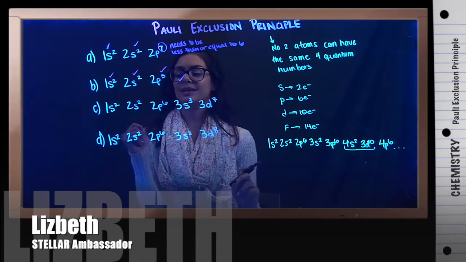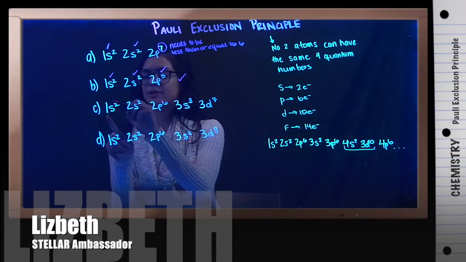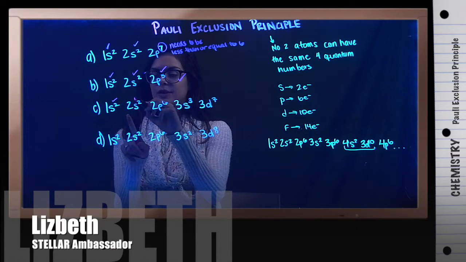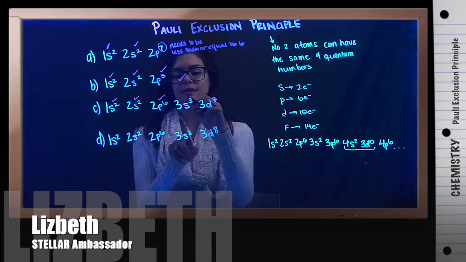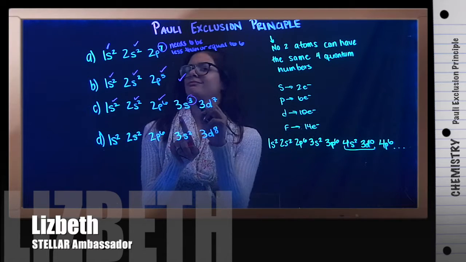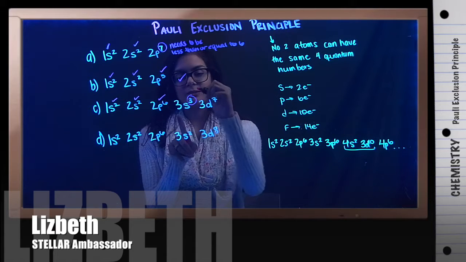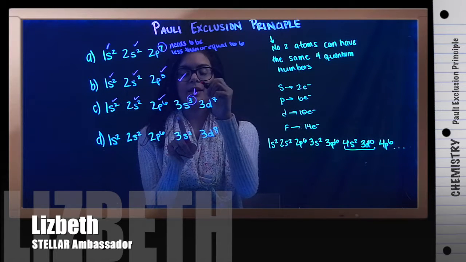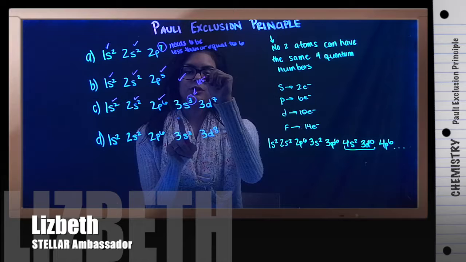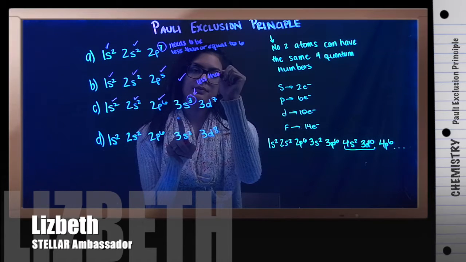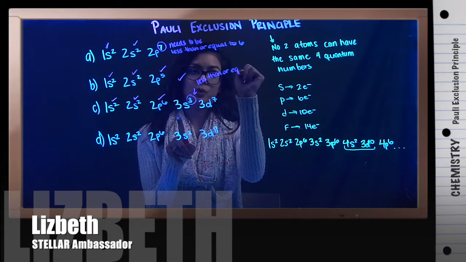Let's go on to C. I have 1s2, so that is okay. 2s2 is also fine. 2p6, 3s3. No, that's not okay, right? Because here it has to be less than or equal to 2.